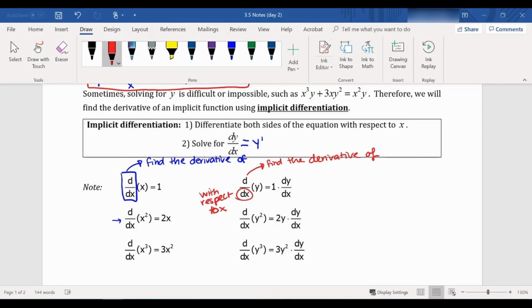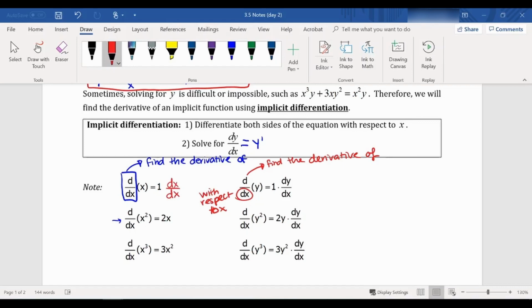So if I want to find the derivative of y with respect to x, the derivative of y is 1, but it is 1 dy/dx. And so we almost can read this as 1 derivative of y with respect to x. The dy/dx indicates this is a derivative, but we took the derivative of y and not of x. Over here on this other side, because this is technically dx/dx, that's why we don't write it.